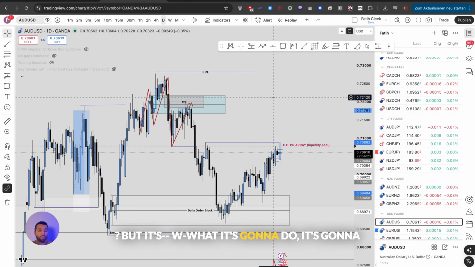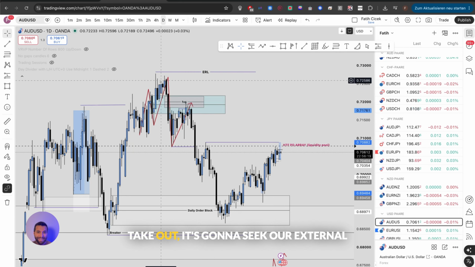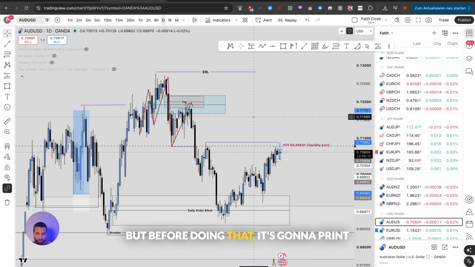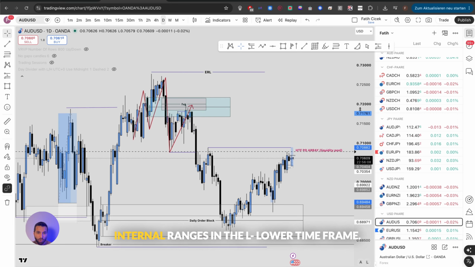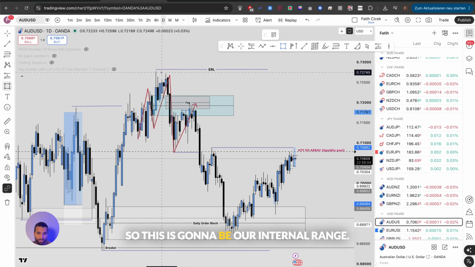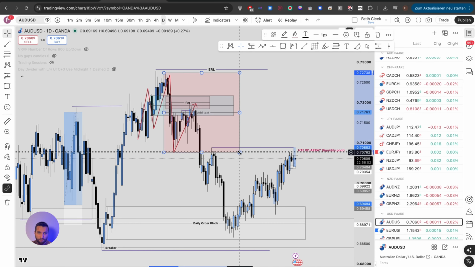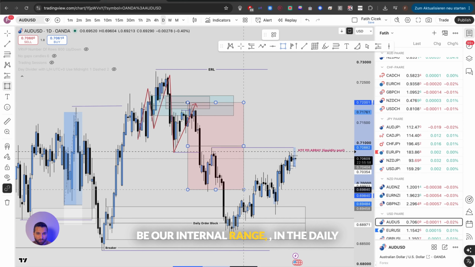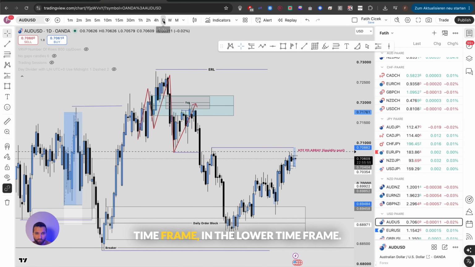But what it's going to do is seek our external range liquidity in the higher time frame. But before doing that, it's going to print internal ranges in the lower time frame. So this is going to be our internal range. Once that's broken, this is now going to be our internal range in the daily time frame.